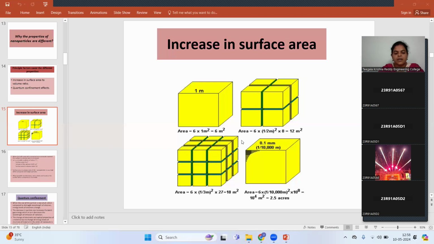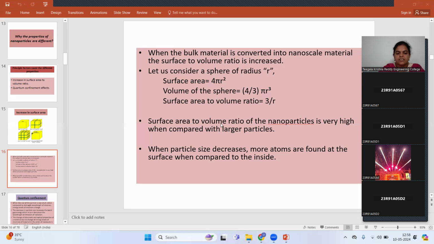Finally we observe that when the given volume is divided into smaller pieces, the surface area increases. Hence, as particle size decreases, a greater proportion of atoms are found at the surface compared to those inside. Then the nanoparticles have a much greater surface area to volume ratio.